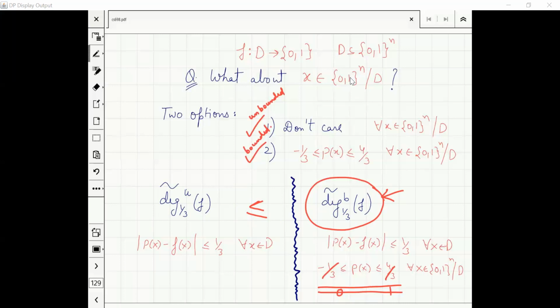Remember we talked about promise OR and I said that depending on the way you define it, the value can change. So strict inequality, yes, strict inequality, but specifically the value of the unbounded degree would be constant.